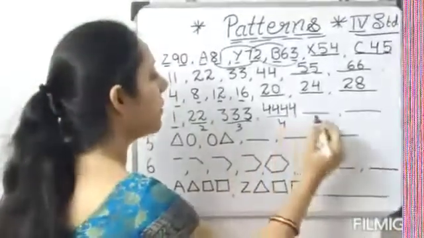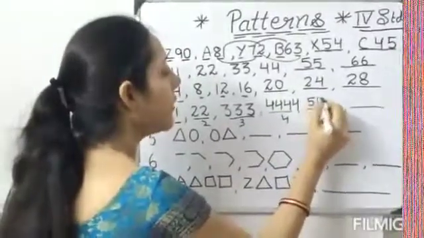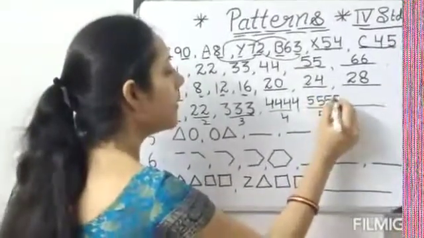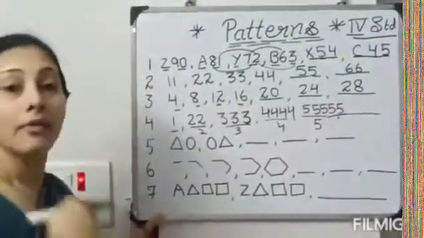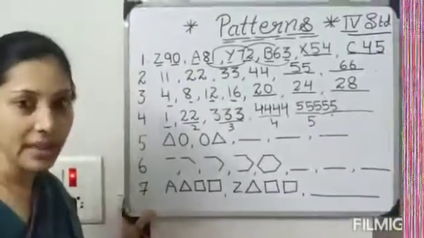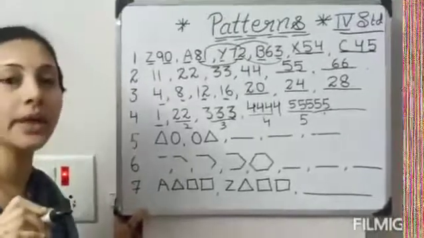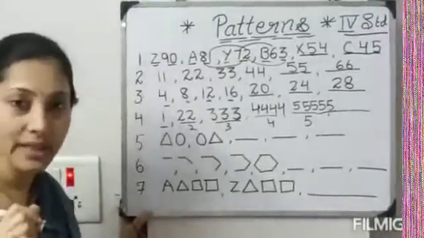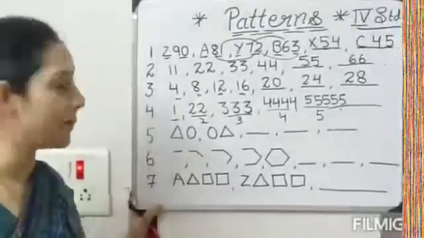So 5, 5, 5, 5, 5. What is our next? 5 5s. Like that you have to concentrate on the patterns. What is increasing? What is decreasing? Which is the table given in our pattern?